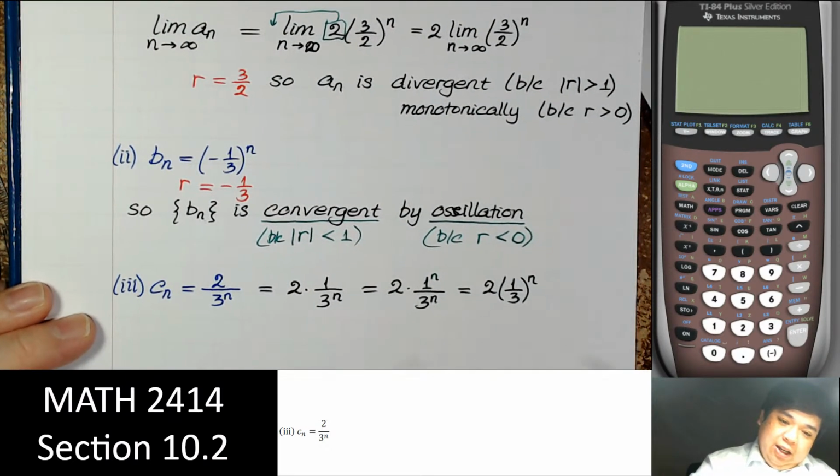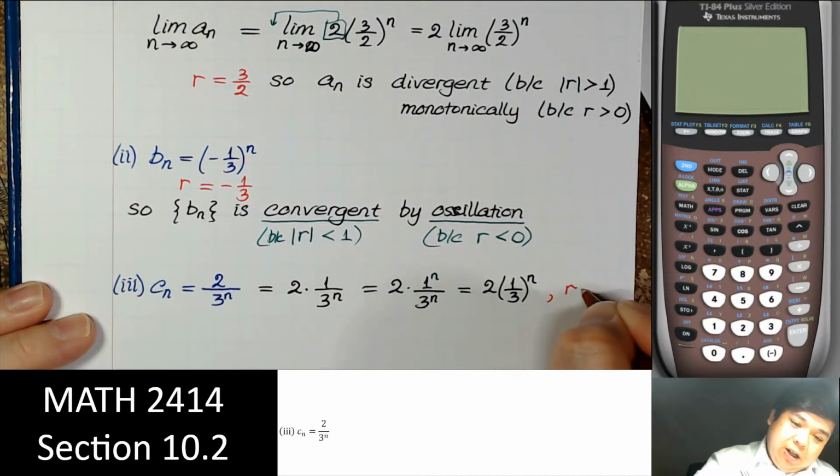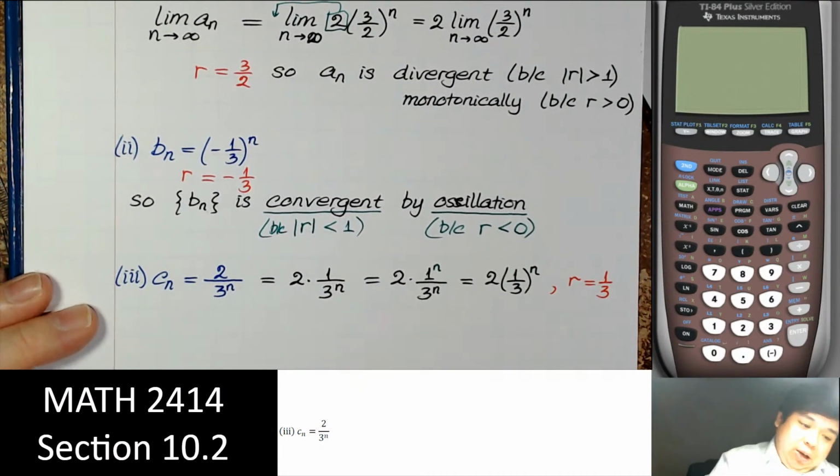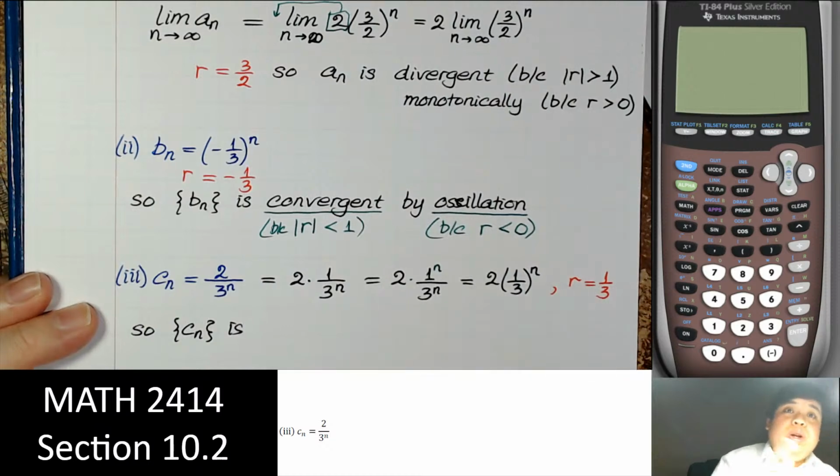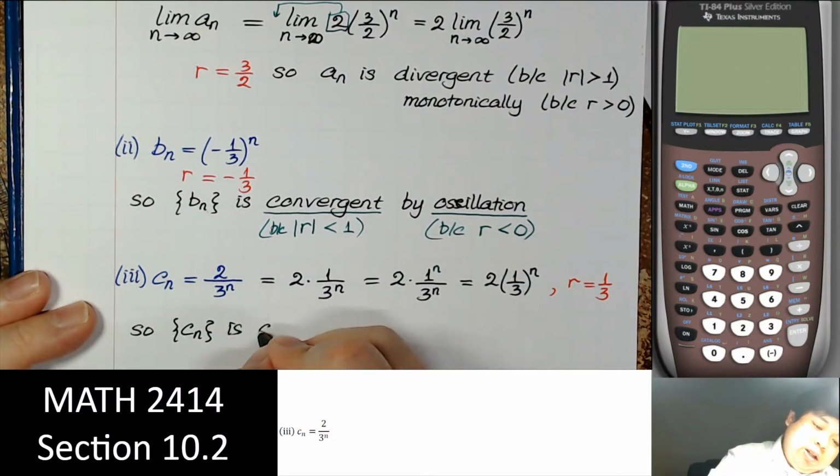So in this particular case, r is 1/3. And then we can say the sequence, because that is between negative 1 and 1, is convergent.